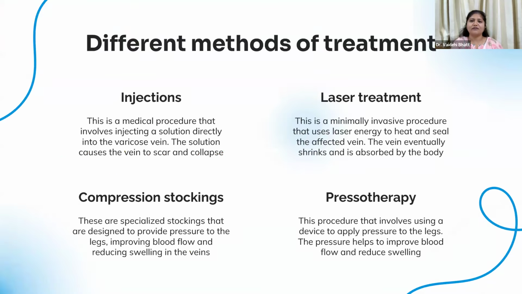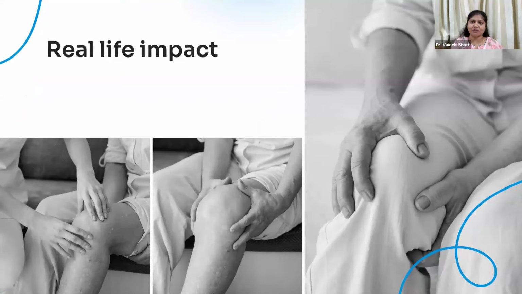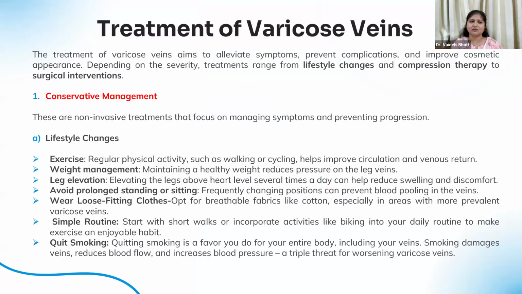So these are the different methods of treatment from the allopathic side. So what are the conservative management options? First of all, all patients are advised to have lifestyle changes. So first of all, we advise the person to do regular physical activity, walking, cycling, that will improve circulation and venous return.